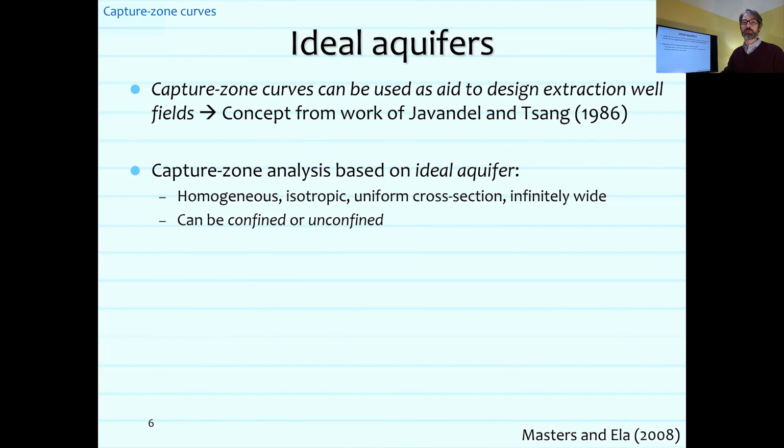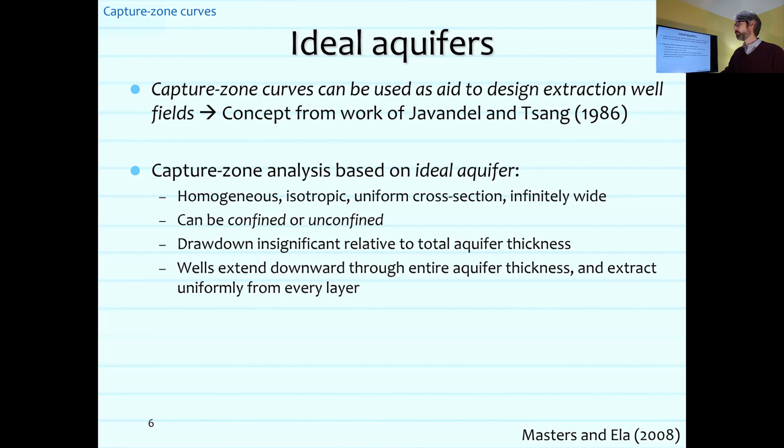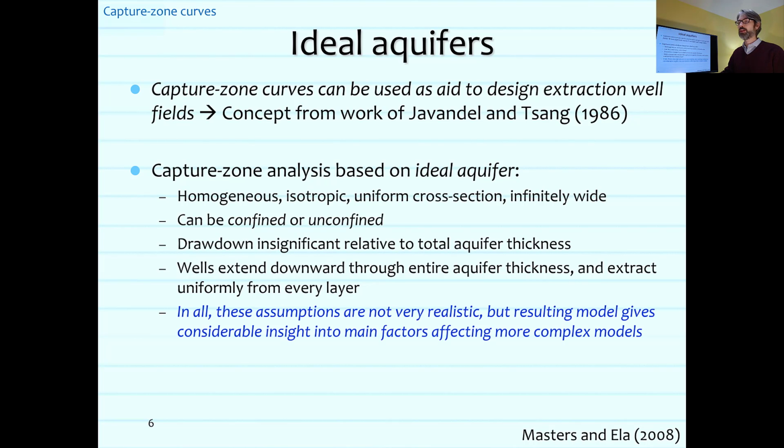It can be either confined or unconfined. The drawdown is going to be insignificant relative to the total aquifer thickness, and the wells that are drilled extend downward through the entire aquifer thickness, and they extract uniformly from every layer. In all, these assumptions are not very realistic, really, but the resulting model gives considerable insight into the main factors that affect more complex models, and so it's useful to understand this overall approach.